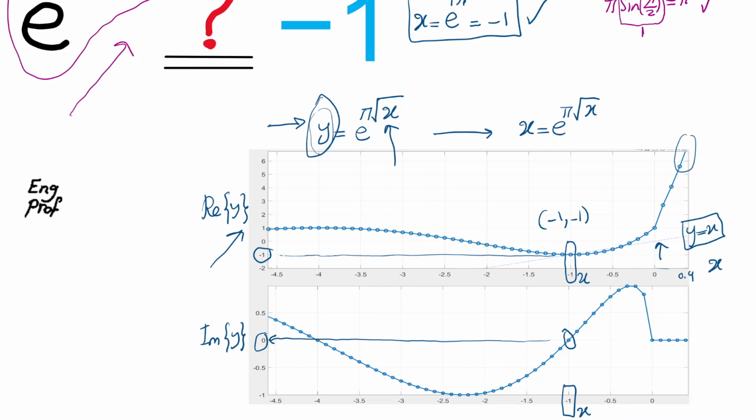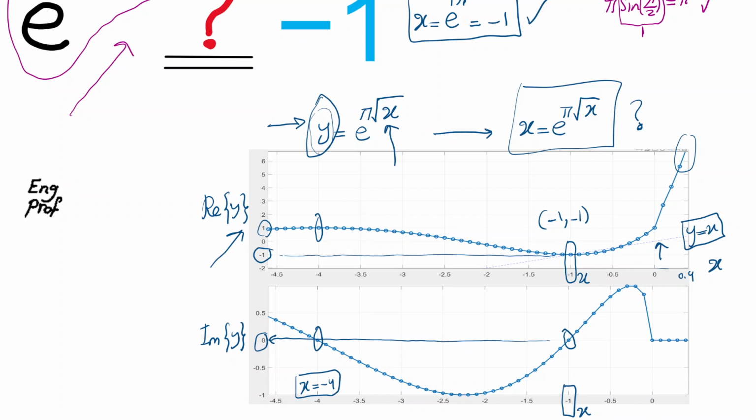If you try other negative values, for example x equal to -4, again the imaginary part of y becomes 0. But that is not useful for us in this case, because we are chasing the answer to this equation. For x equal to -4, the imaginary part of y is again 0, but the real part is not -4, it is actually just 1.